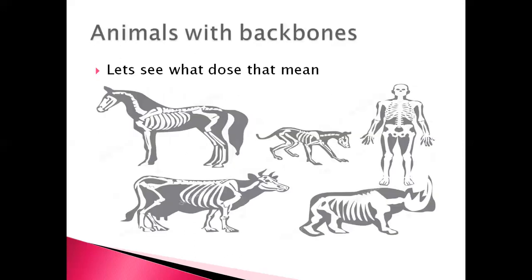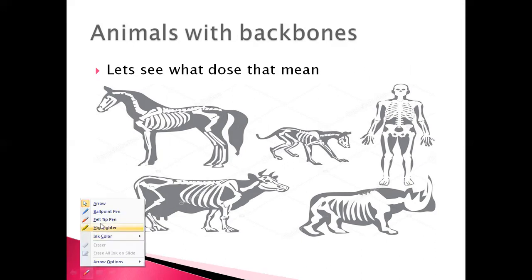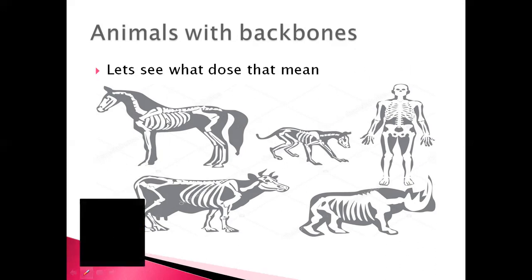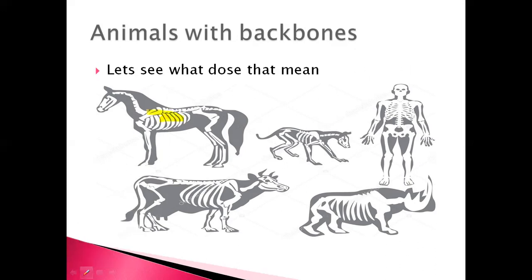look at this picture. To know what we mean by animals with backbones, look at the internal bones of the horse. Here, can you see the bones inside the horse? All of the bones. This is the backbone, by the way. This is the backbone of the horse.